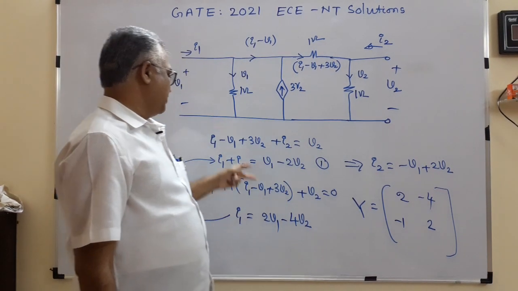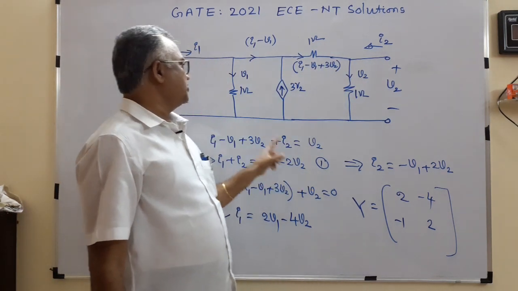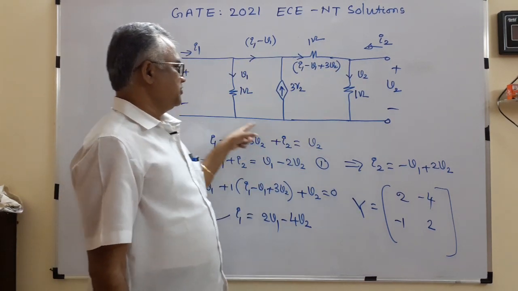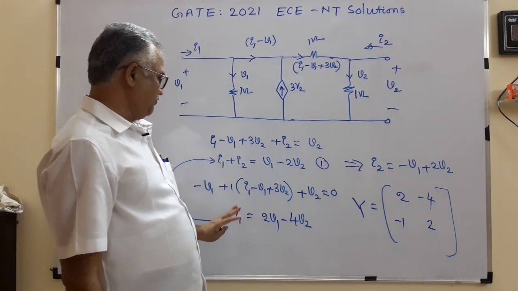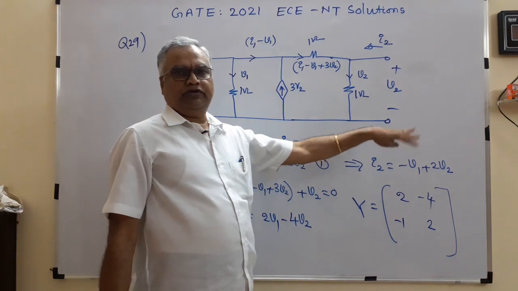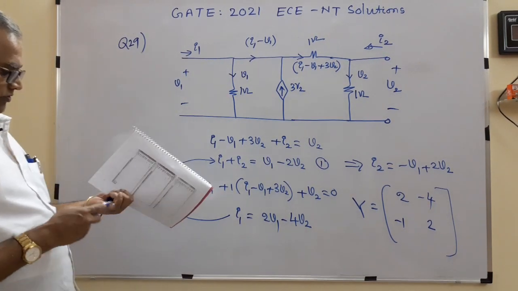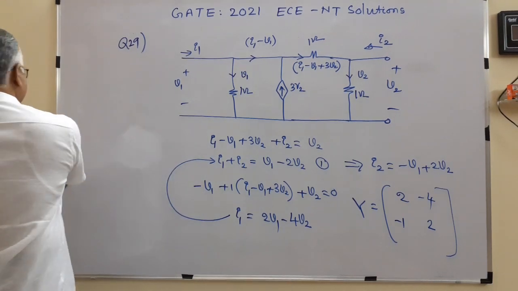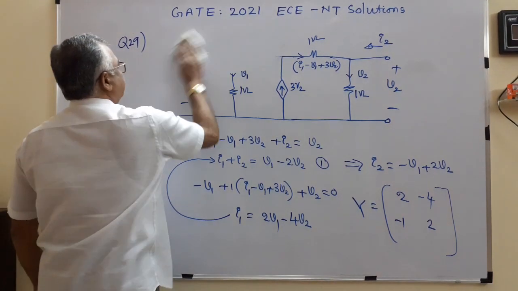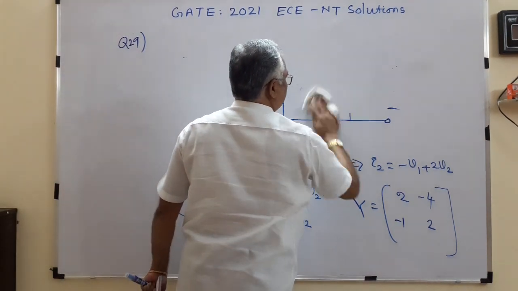So this plus this equals this is one equation, write another equation and simplify in the form of I1 and I2 in terms of V1, V2, and straight away you got it. So that's how we can solve. This is the shortcut method.